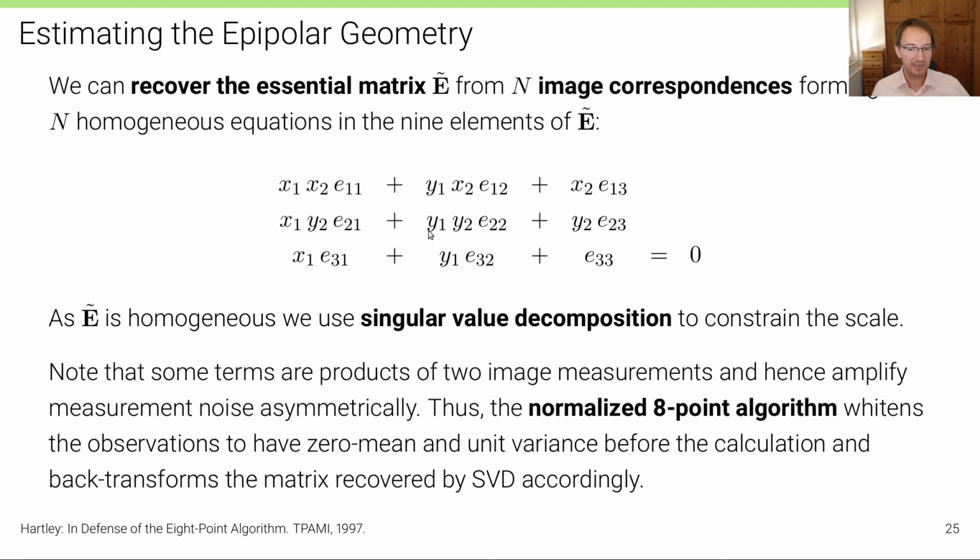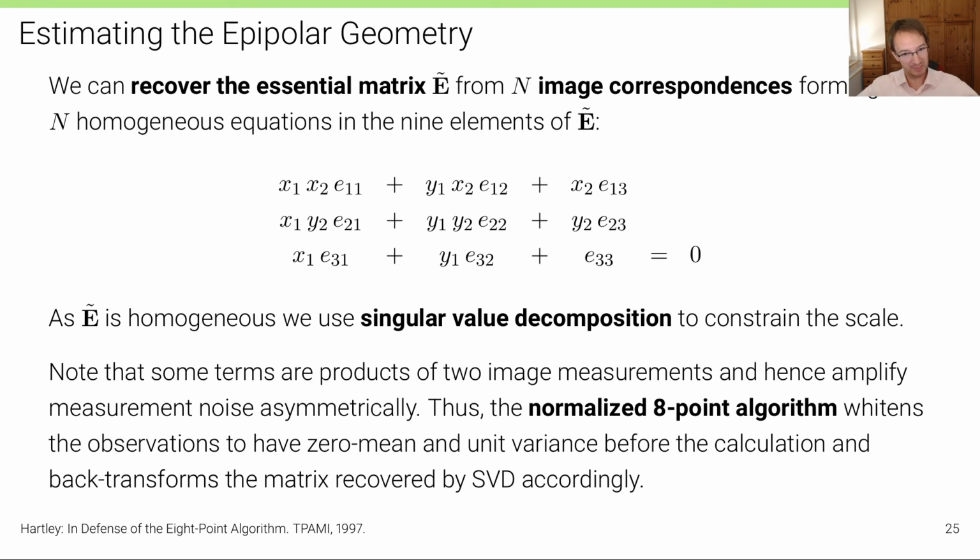To counteract this, the normalized 8-point algorithm from Hartley, a seminal paper called In Defense of the 8-Point Algorithm, which I recommend reading, normalizes the image features in the 2D image plane. It particularly whitens them to have zero mean and unit variance, and then runs the recovery algorithm for the essential matrix. After the recovery, this normalization can be undone in analytic form. It turns out that if you do that, you get much more stable results. So it's a good idea to always do that.